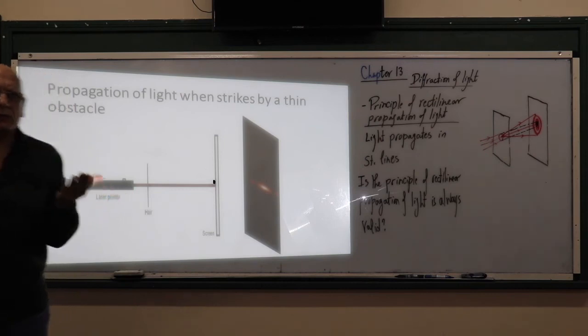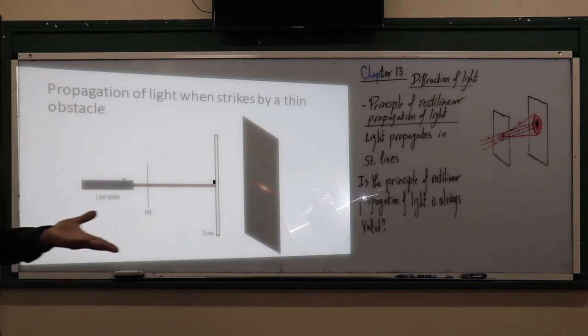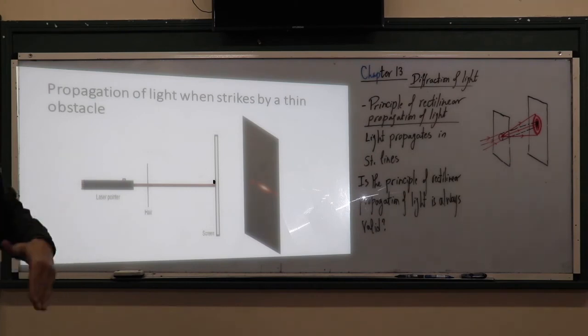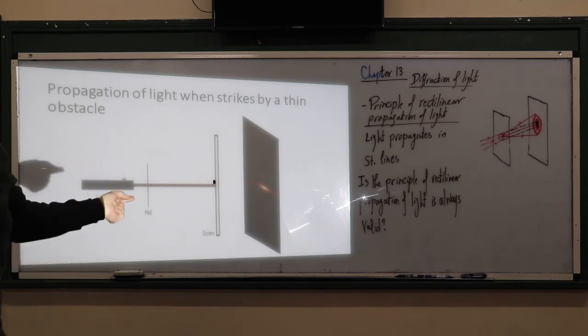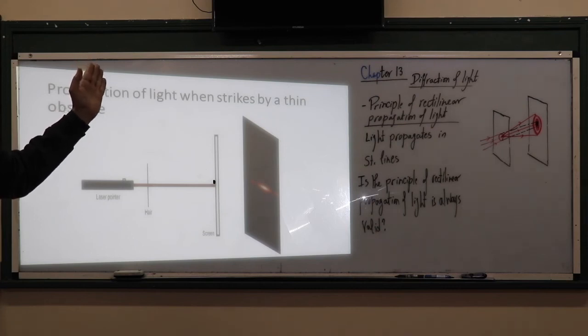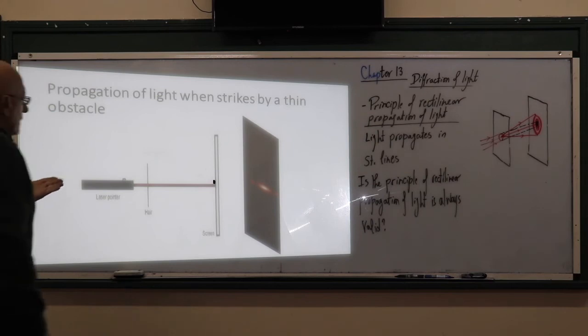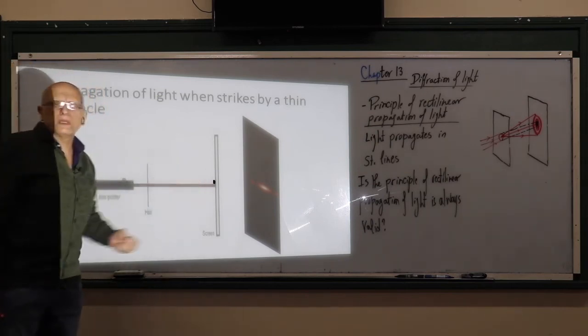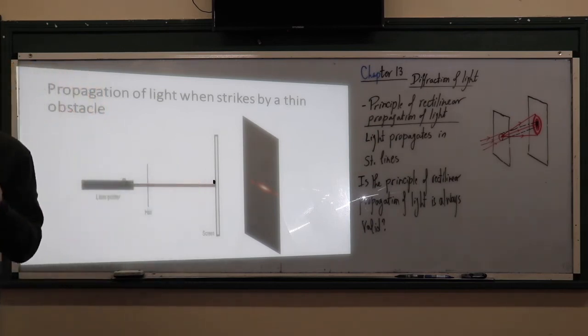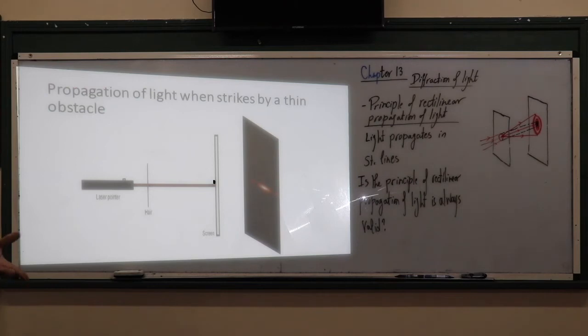This is what you should expect. And this is due to the formation of the shadow as explained previously. But here you didn't get this spot, which means that also here the principle of rectilinear propagation of light is violated. Okay?